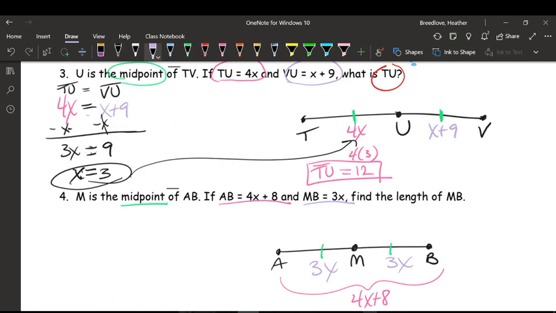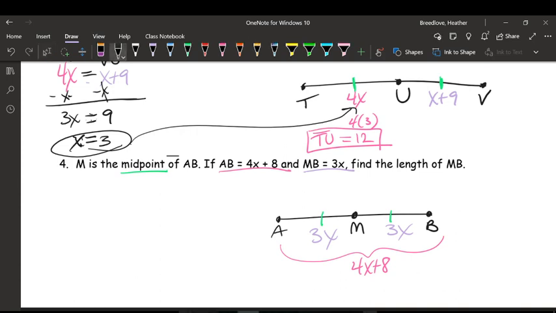So I can set this up two different ways and they'll end up being the same. You can do it however you feel more comfortable. If you would prefer addition and say 3x plus 3x equals 4x plus 8, you can do that. Or if you want to say I have 2 of the 3x pieces, say 2 times 3x, and that equals 4x plus 8.